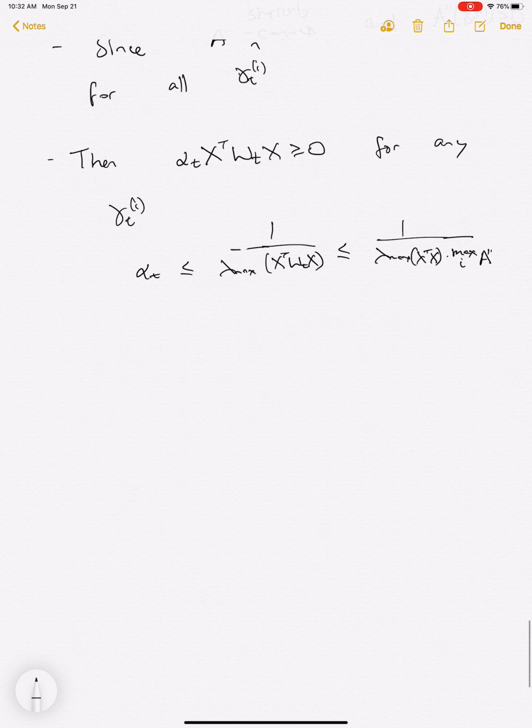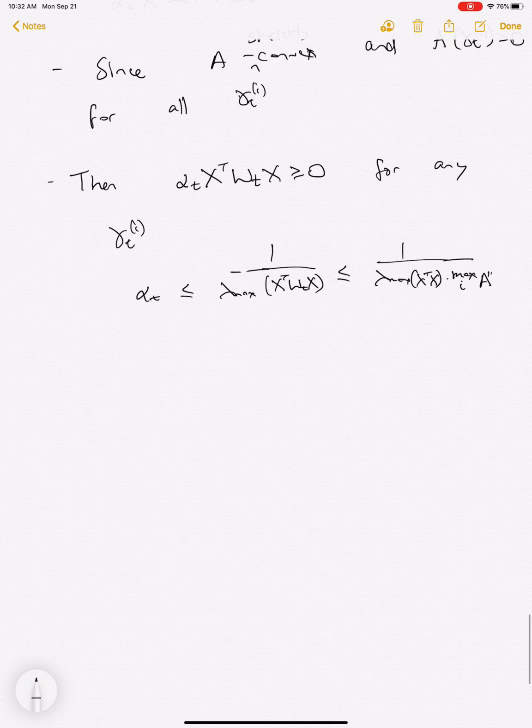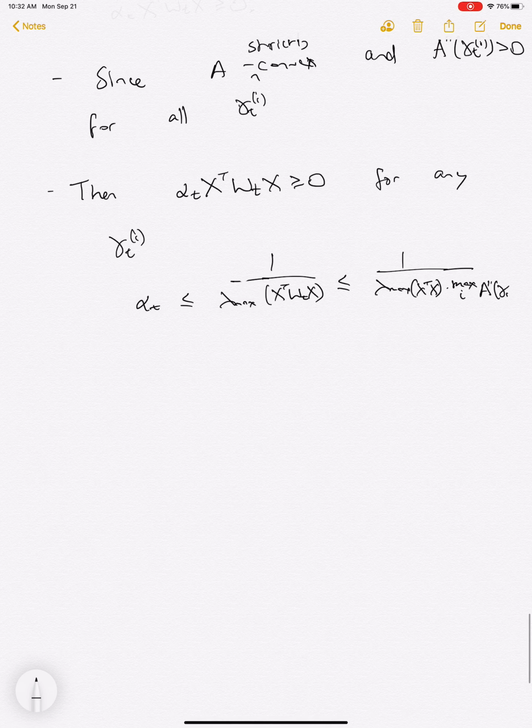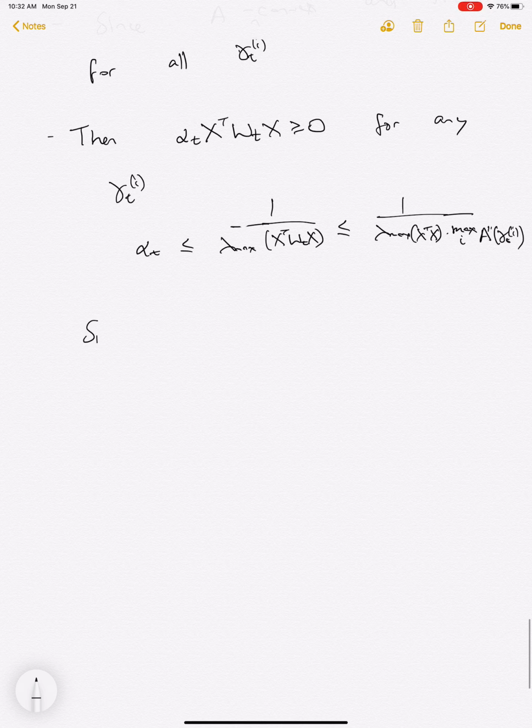Okay, this is going to be, and this follows since that equals W_t I. So I've gone through a few steps of matrix algebra very quickly here.